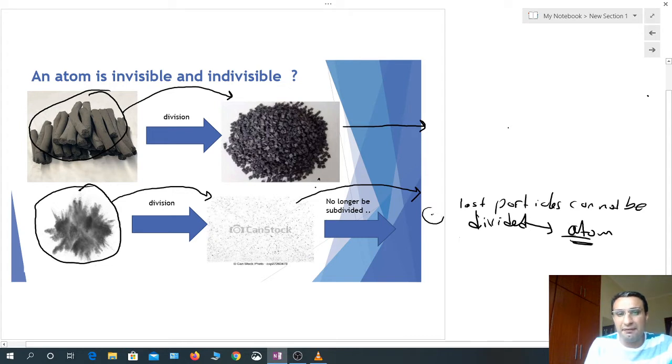Okay, so usually the students ask, sir, can we see an atom by using microscope? So a traditional microscope does not give us the proper answer. We can see the animal cells, the plant cells, by using a traditional microscope. But recently, the scientists managed to see the locations of atoms.